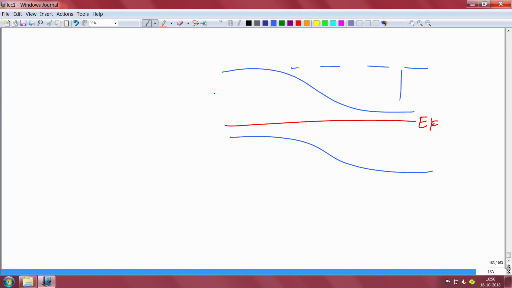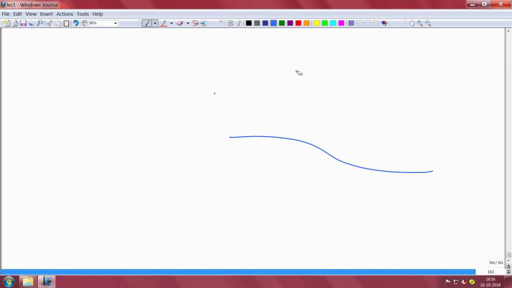The maximum that you can get is actually the band gap, and you will get that when you have such high doping that your Fermi level on both sides touches the valence and conduction bands. On the p side, the Fermi level is so highly doped that it is touching almost the valence band.